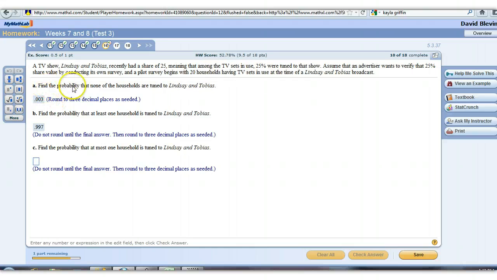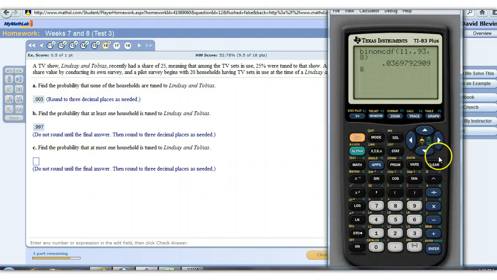Okay, so what's the probability that none were tuned to that if this 25 share is true? So that would be the binomial PDF. We selected 20 households. There's a 25% chance that they're watching this show, and none of them are actually watching. 0.003, that's where that number's coming from.